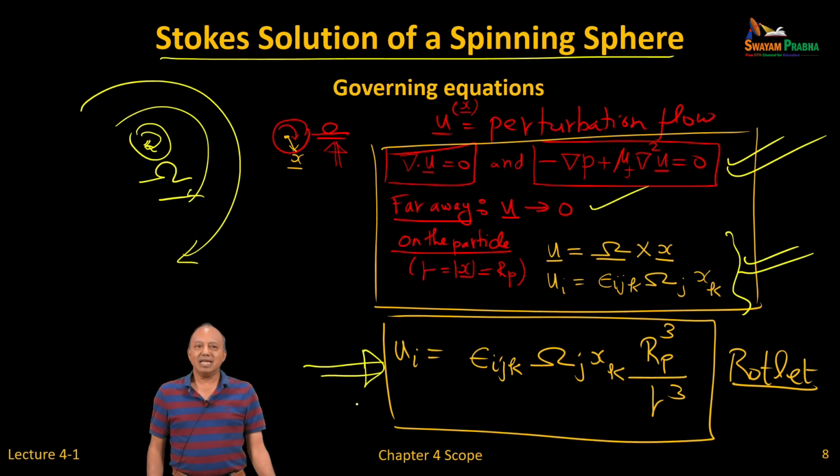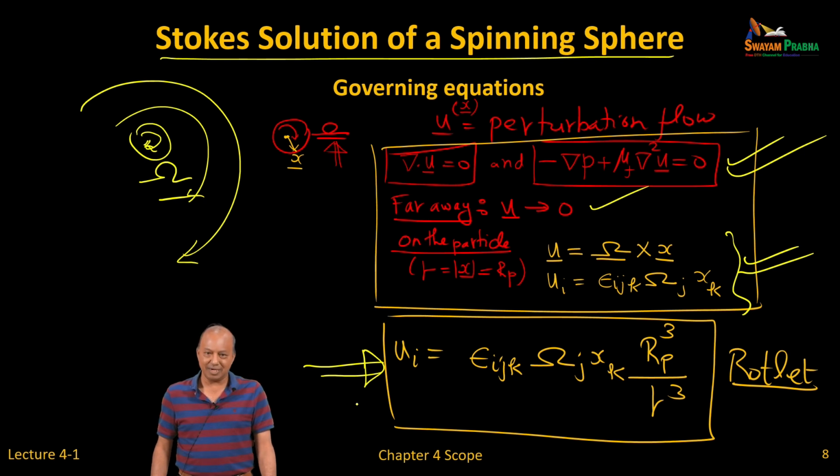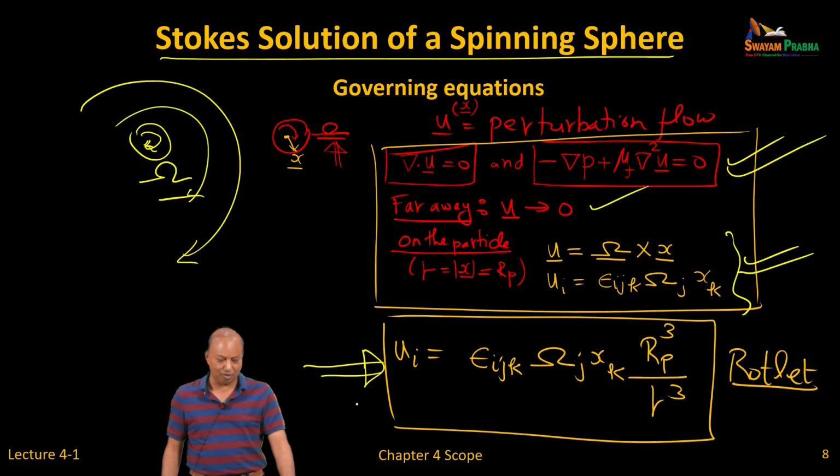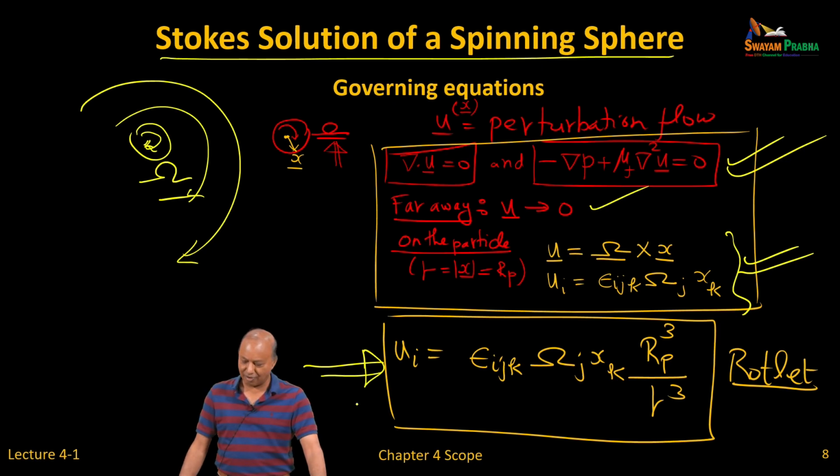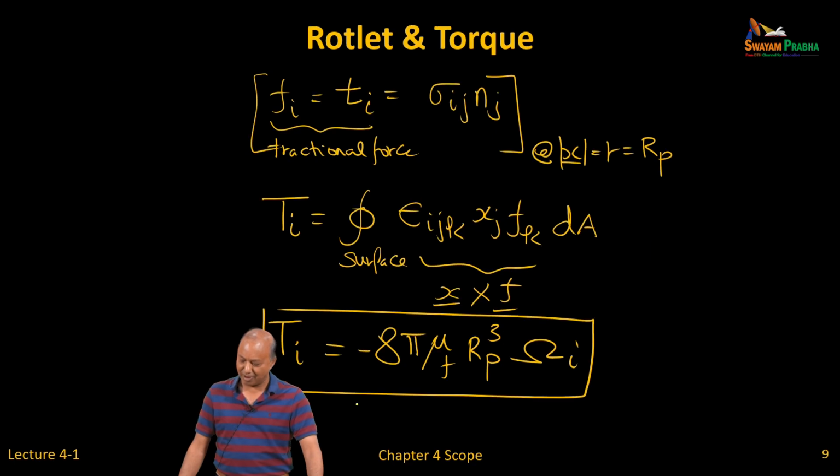I did not say in the previous case for a uniform flow going over a particle you have classic solutions of a Stokeslet and a doublet. Okay, so those are very important quantities, but for a rotating case you will get what is called a Rotlet. Okay, so these are fundamental solutions of Stokes flow, so perhaps covered in your graduate level fluid mechanics course.